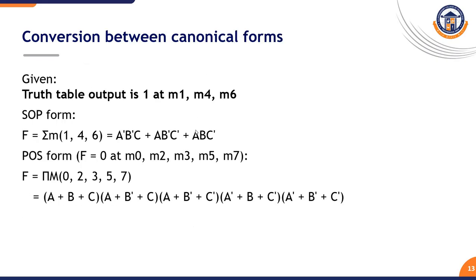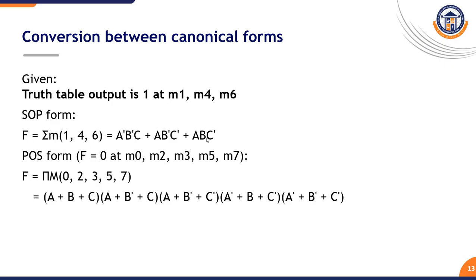Conversion between canonical forms: we can represent each Boolean expression with the sum of product as well as product of sum form. If the truth table contains 1 for the minterms M1, M4 and M6, sum of product form can be written by sum of minterms 1, 4, 6.